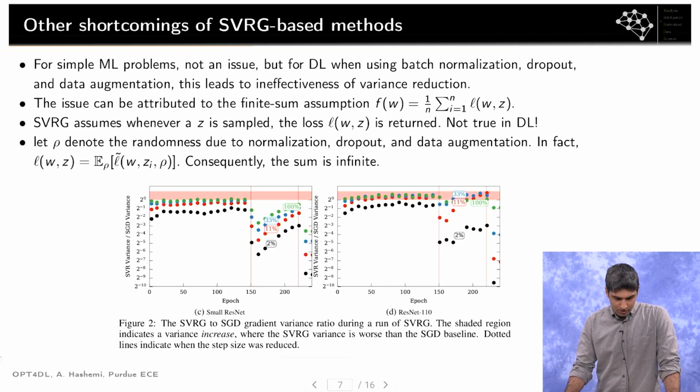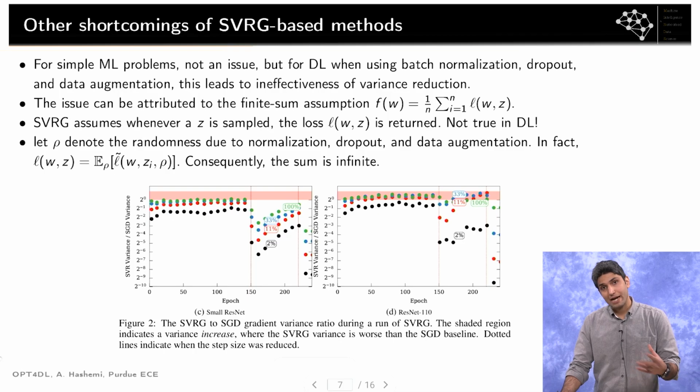Okay. So the idea is that SVRG is actually very useful for simple machine learning problems, like for instance, solving a linear regression problem or a logistic regression problem, things of that nature that we talked about before. So very simple, where we are not necessarily using all of these heuristics and techniques we've talked about before, such as normalization methods, dropout, and also data augmentation.